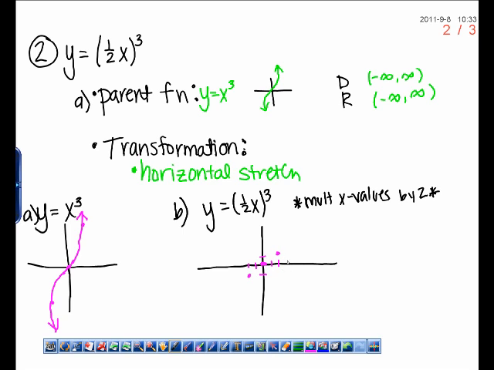What's that going to become? 4, 8. And once you draw it, you can see how our y value stayed the same, but we stretched it horizontally.